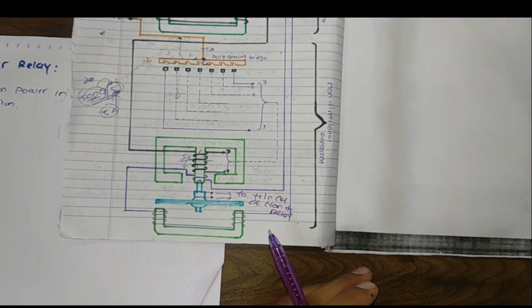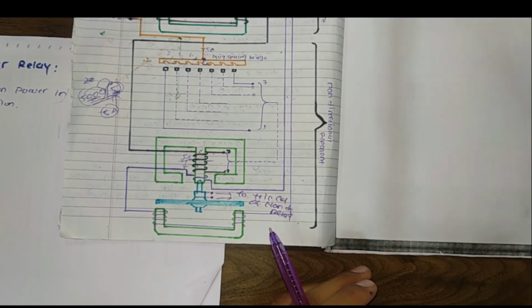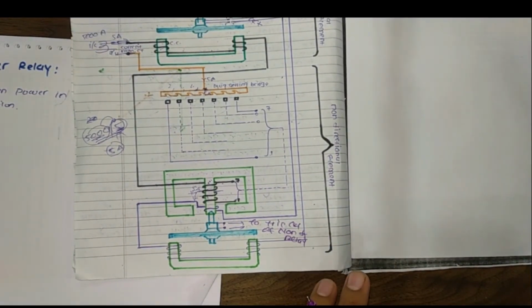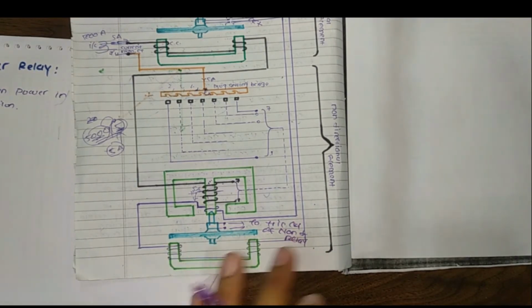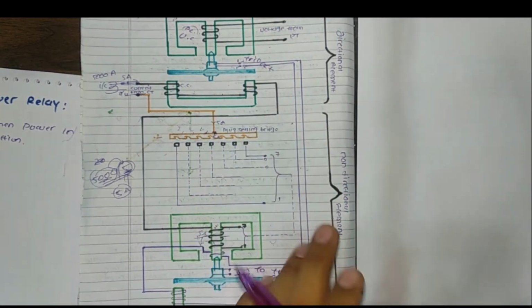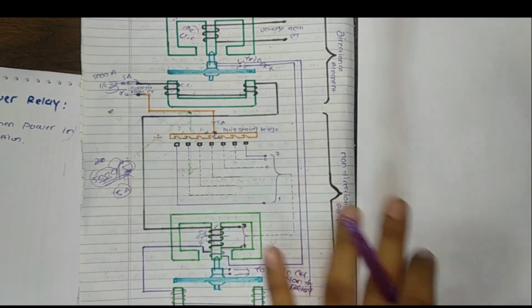How will it work? Under normal condition, power flows in the proper direction, and hence the directional element of the relay is inoperative.